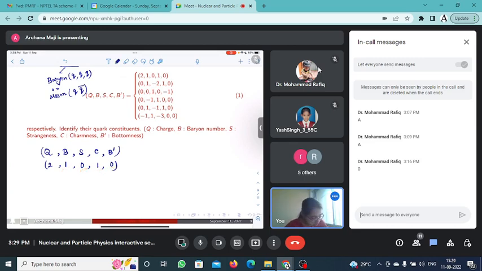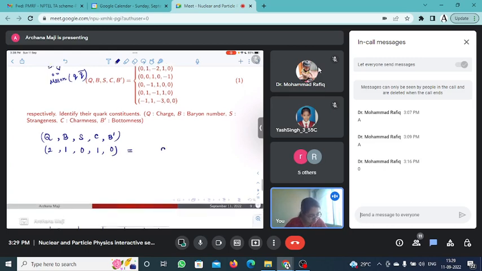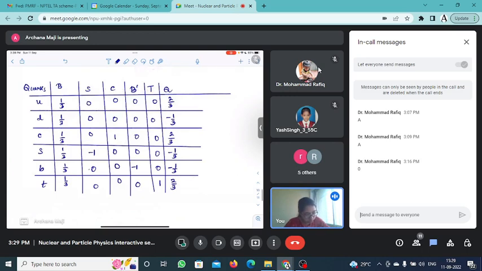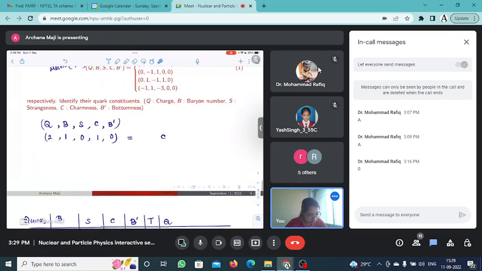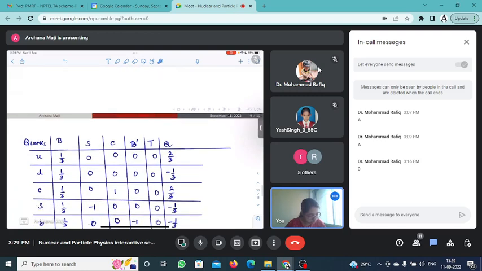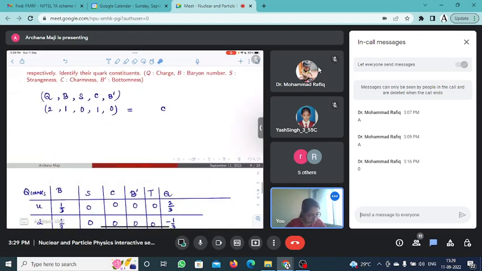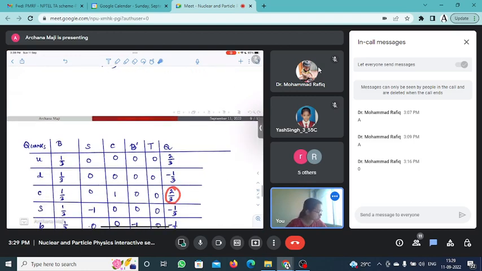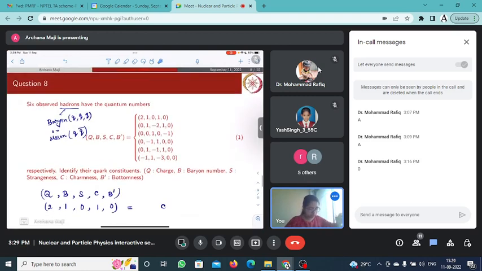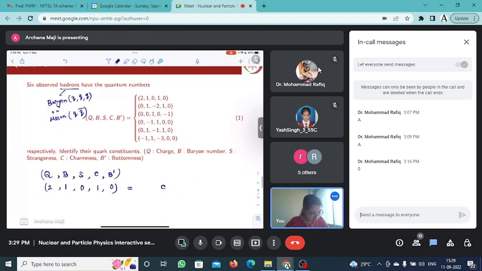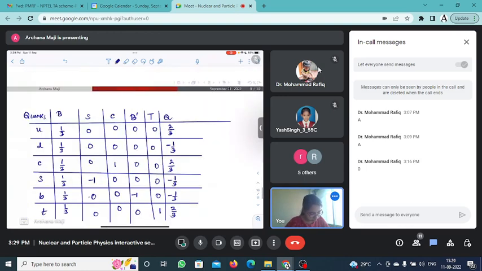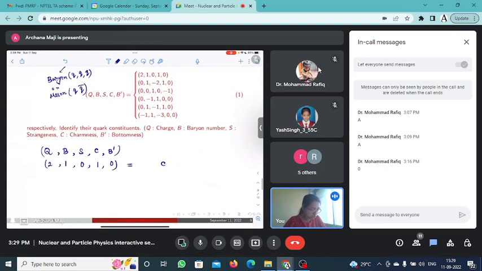So this much is clear to us that there will be one charm quark, right? Because charmness for a charm quark is +1. Now what is the charge for charm quark? It is 2/3. Right? So what will be the other two quarks?